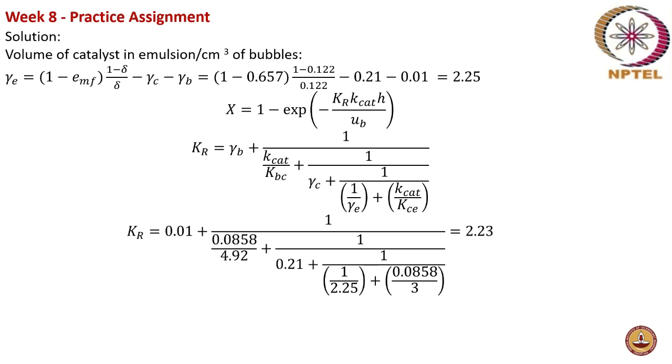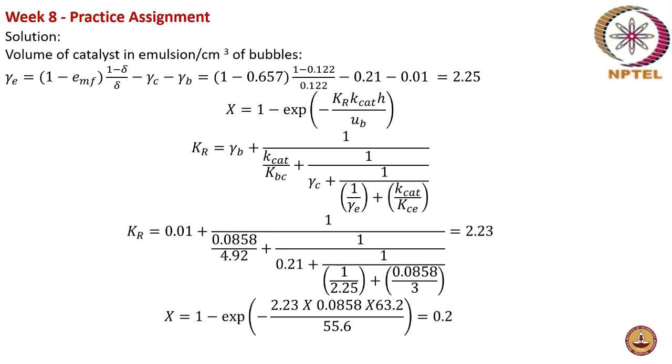So substituting everything, you will get kr to be 2.23, and then we have all other terms. So your conversion x is equal to 1 minus exponential of minus 2.23 into 0.0858, which is nothing but your k catalyst, that is your specific reaction rate constant, into 63.2, which is the actual expanded height of the column, divided by 55.6, which is the velocity of the bubble.